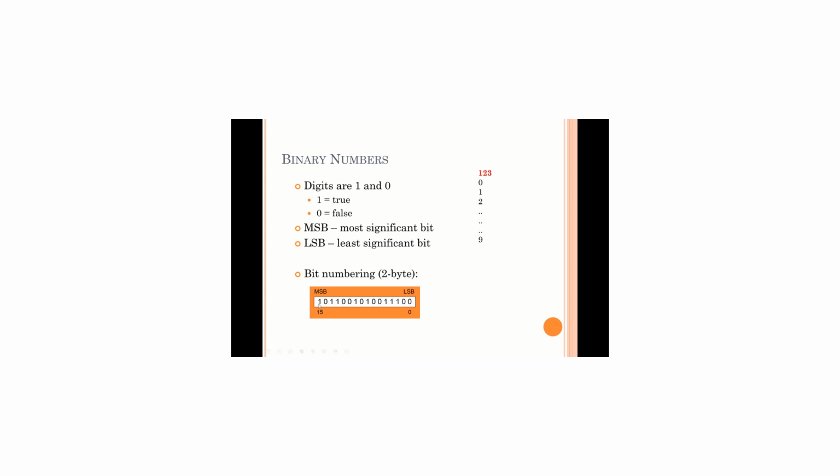All the way to the left, at place 15, because it starts from the right at 0 and goes to 15, that bit is the most significant bit. On the other end, at place 0, it is called the least significant bit.